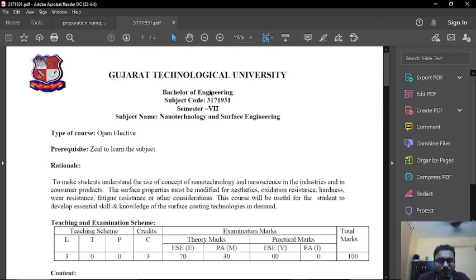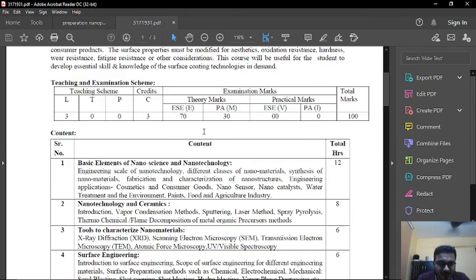If we go through the syllabus here, we were at the second chapter and we have completed this portion, that is thermochemical and flame decomposition of metal organic precursor methods.